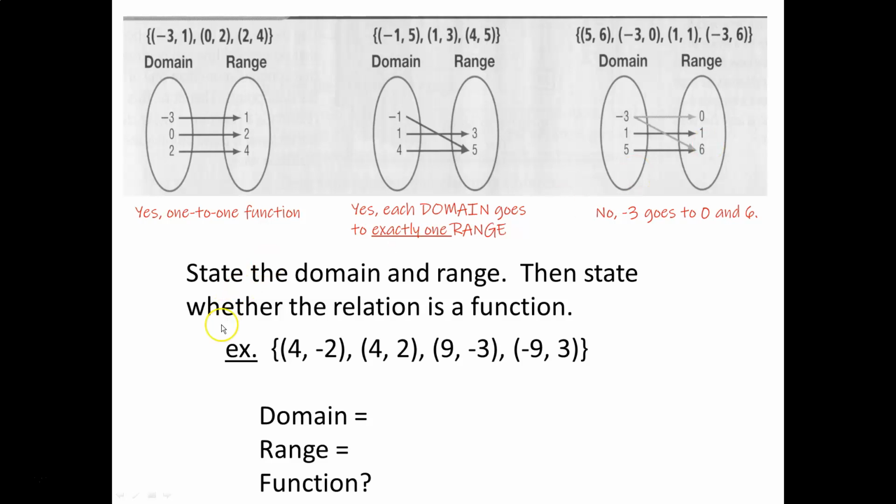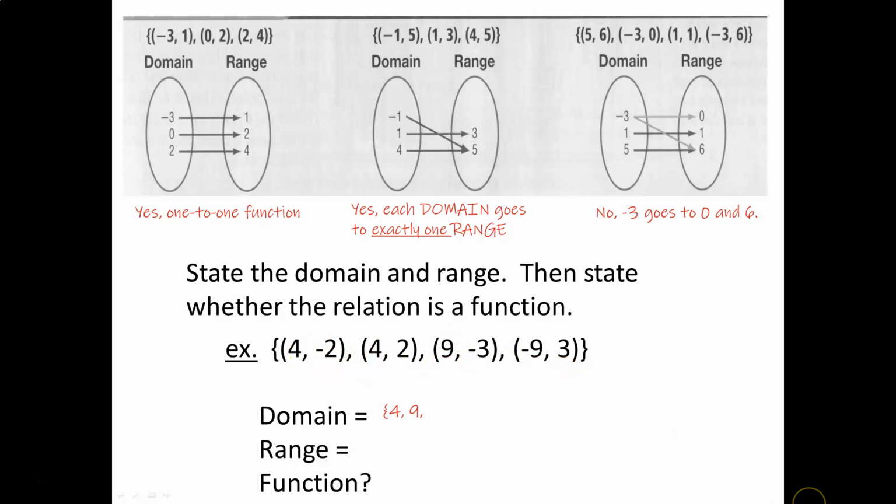All right. Now another example. Here's our relation. Let's figure out what is the domain and what is the range, and then state whether the relation is a function. So, what is our domain? Our domain is all of the x's.